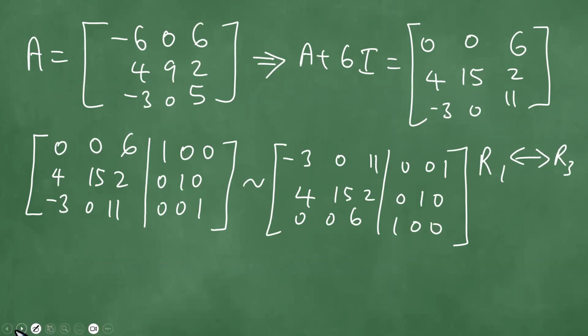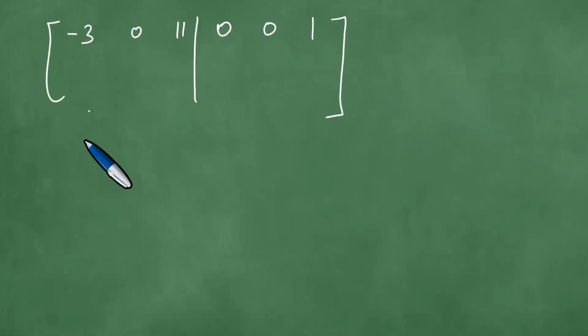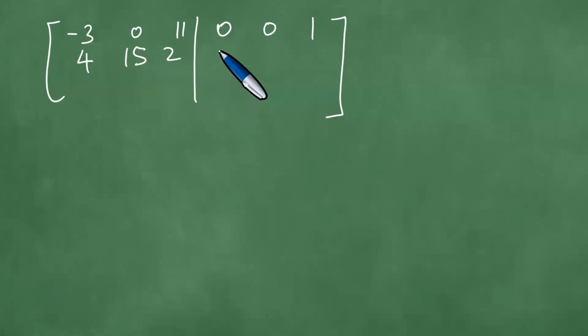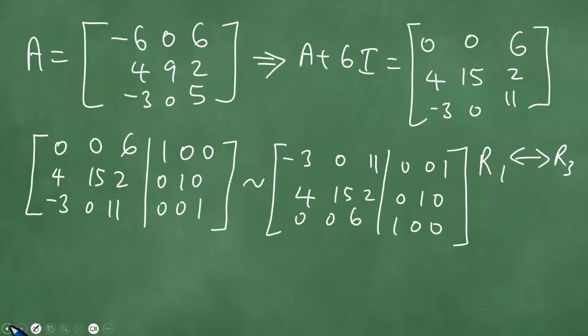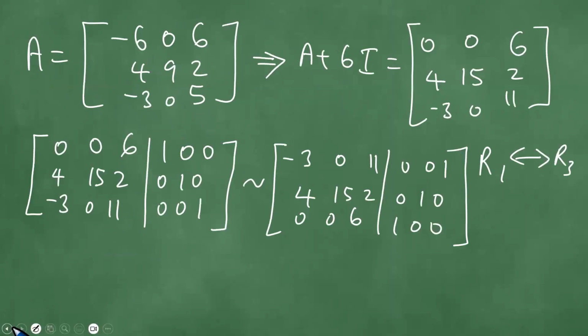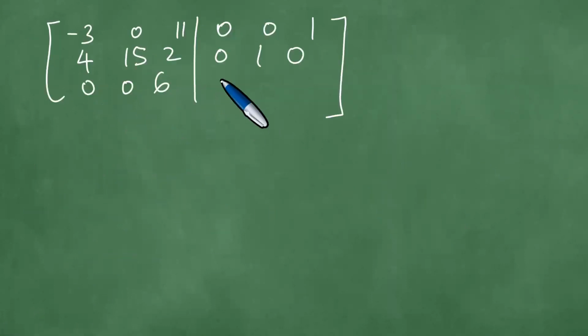Okay, let's look at 4, 15, 2, and then 0, 1, 0, which is 0, 0, 6, 1, 0, 0.